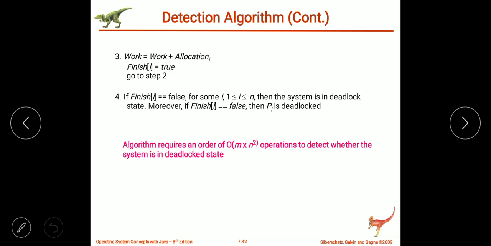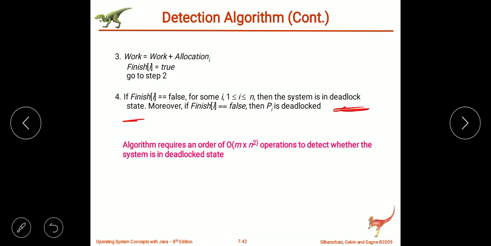If finish of I is false for any of the process, if any of the process is not able to complete its task even after repeating the process, then it means that there is a deadlock in the system.